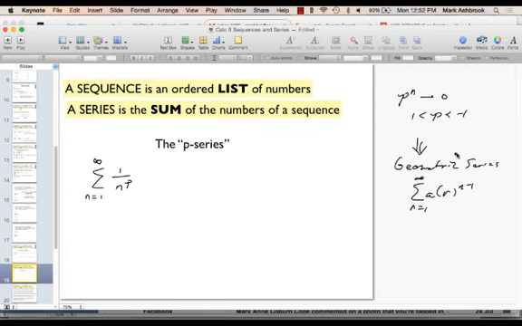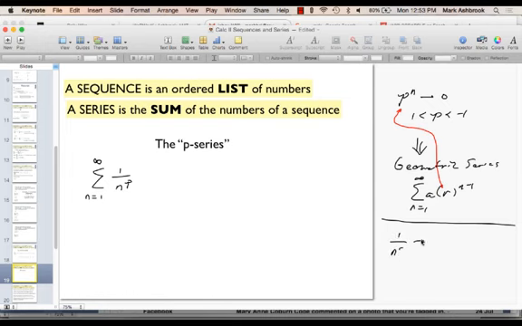So here, P is like R. Okay, the P series is like the sequence we talked about, 1 over, see, I flip them.